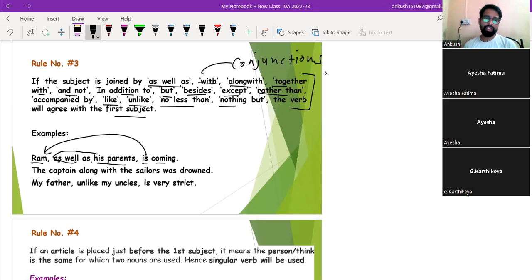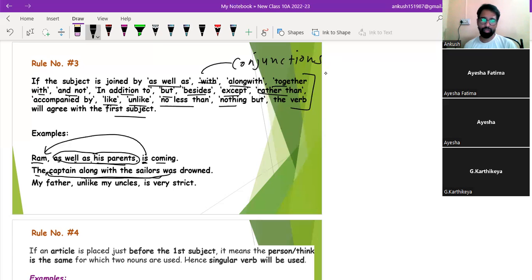Here, this second subject is not interfering in the use of the verb. The captain along with the soldiers and sailors was drowned. Here was is referring to the captain only.